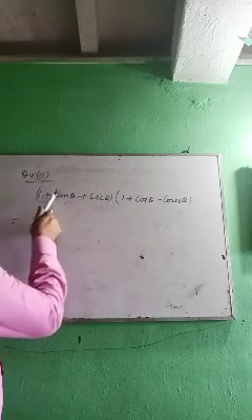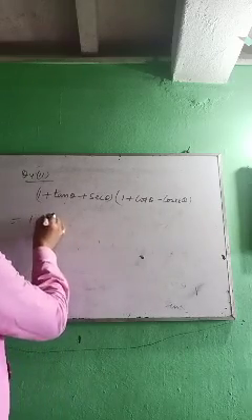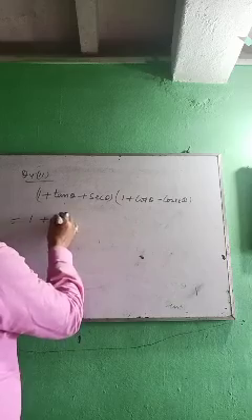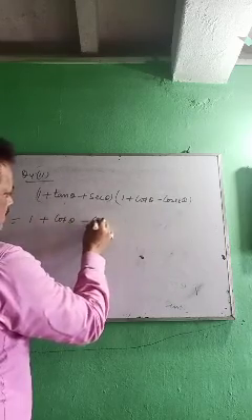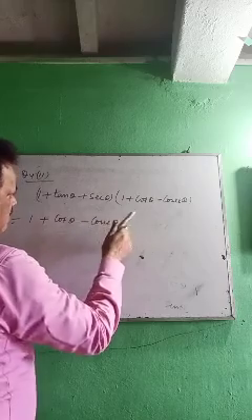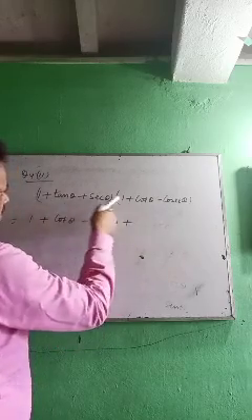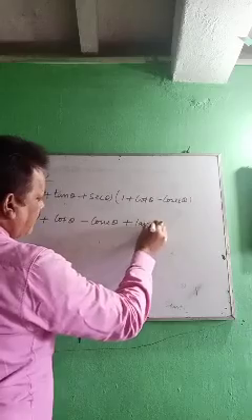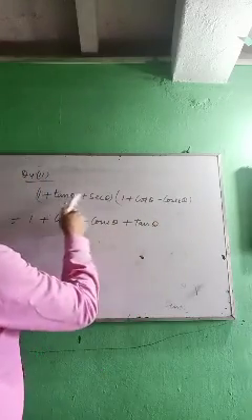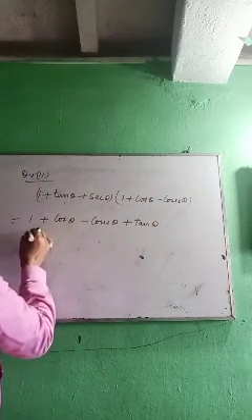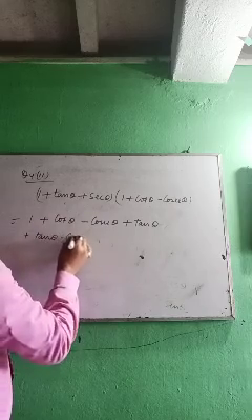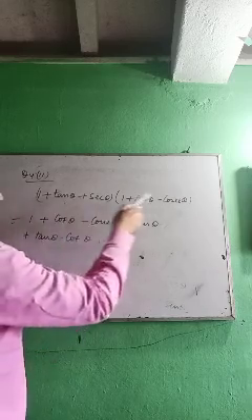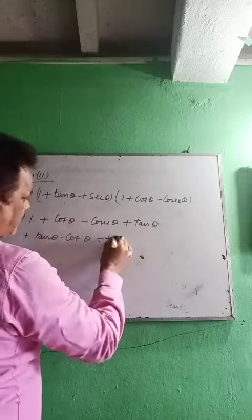Look, multiply first. 1 into 1 is 1. 1 into cot theta. 1 into minus cosec theta. Plus tan theta into 1, tan theta. Tan theta into cot theta. Tan theta into minus cosec theta.